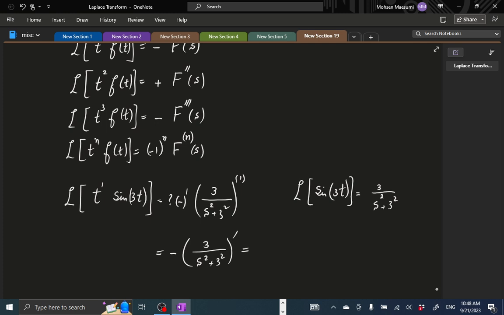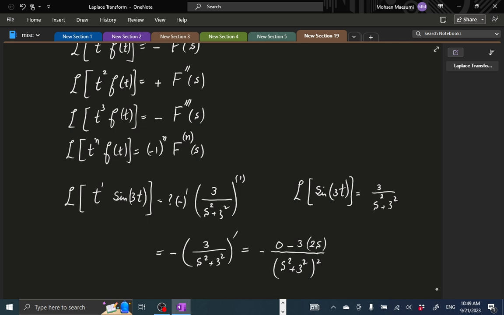Well, now we go back to Cal 1. How do you differentiate this fraction? Let me leave the minus out. So derivative of numerator times denominator, that is 0. Minus derivative of denominator, which is 2s, times numerator, which is 3, divided by s squared plus 3 squared, squared.